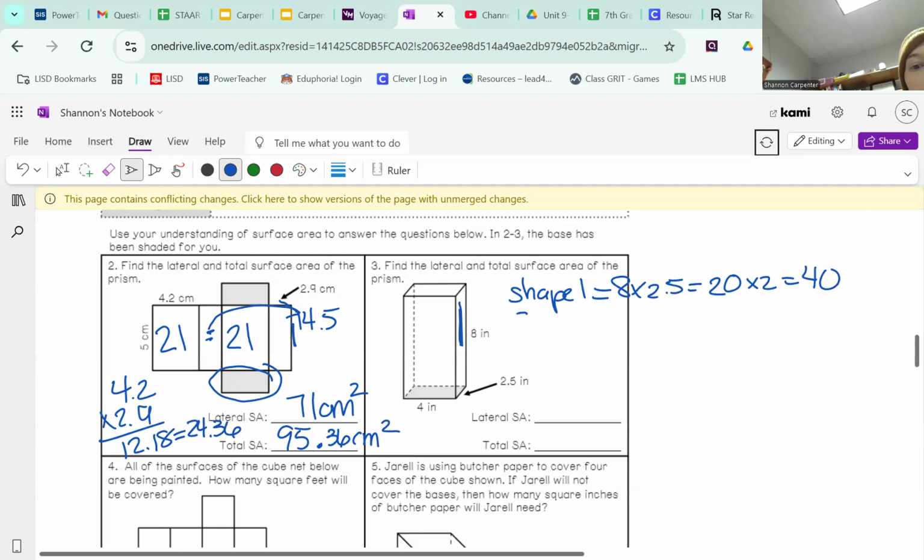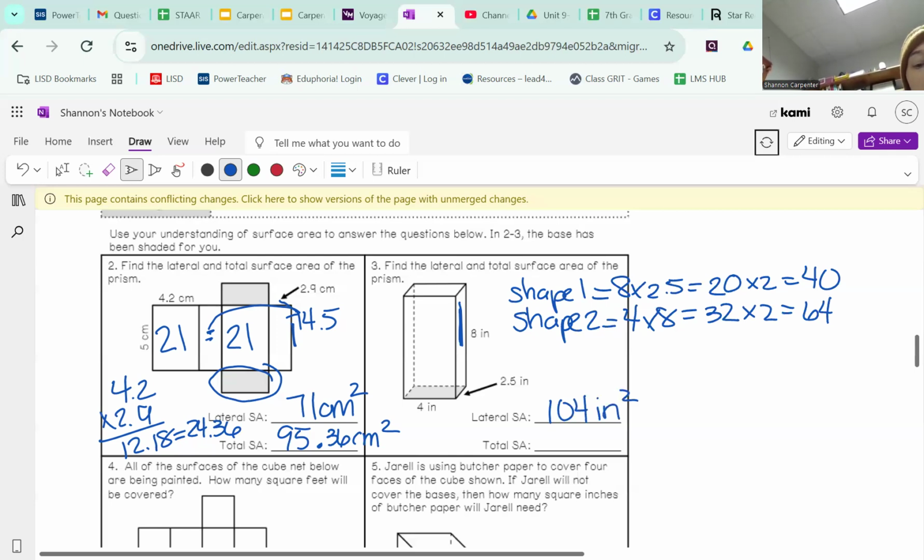And then we have shape 2. We're not doing the base, but the big side. So it's going to be 4 times 8, which gives me 32. And I have 2 of those, which is 64. So the lateral surface area of this is going to be 104 inches squared.